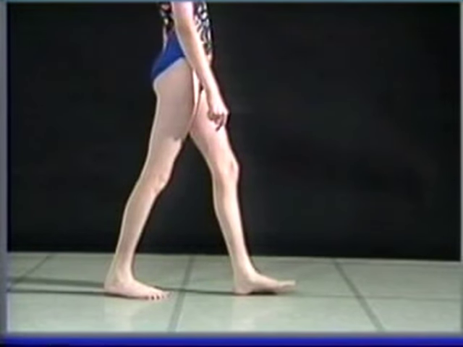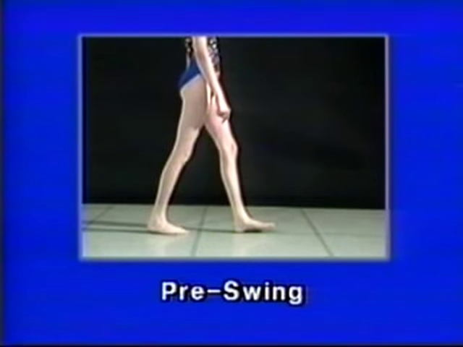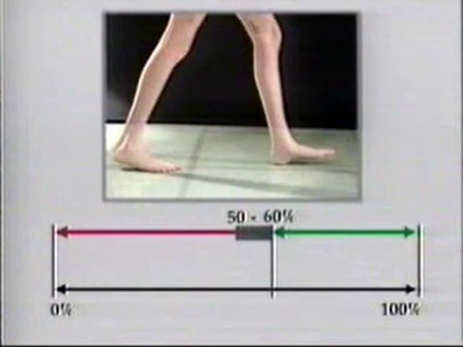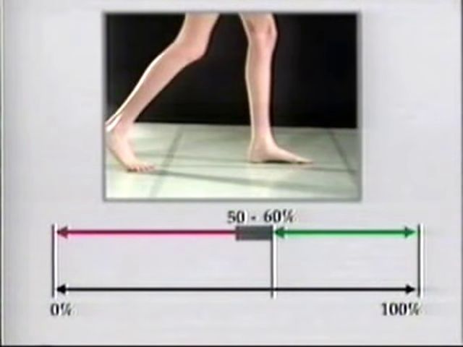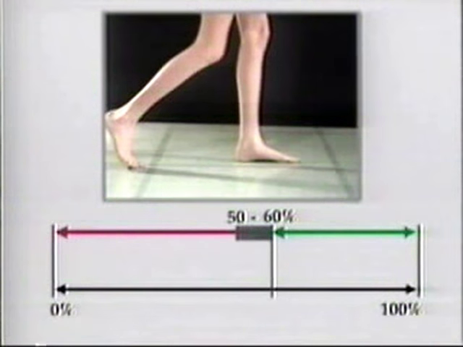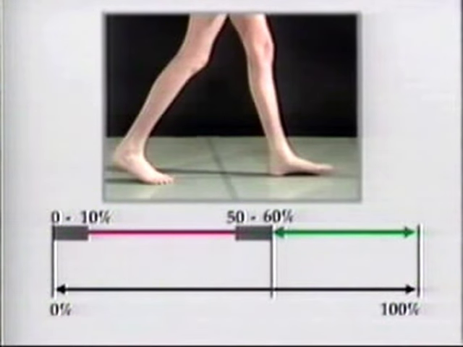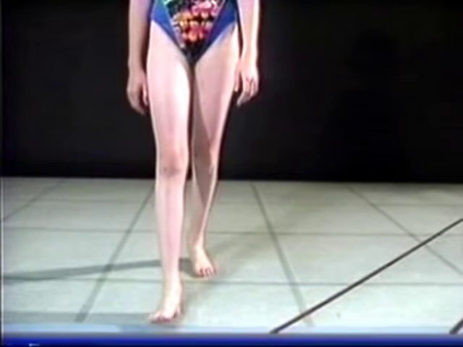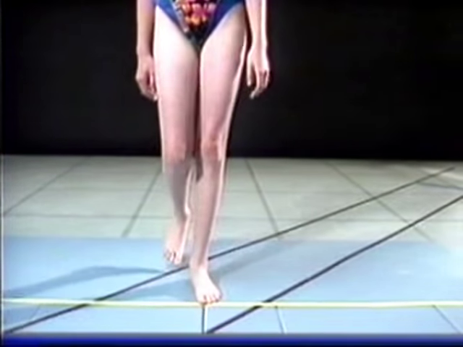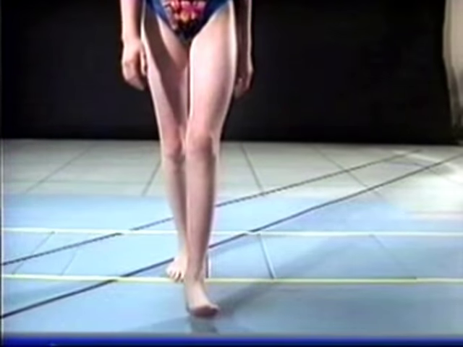In late stance, there is a second period of double support called pre-swing. It begins at about 50% of the gait cycle and lasts until toe-off on the stance side. Pre-swing is the same event as loading response on the opposite side and is equal in time. Since normal gait is symmetrical, it is important to remember these relationships.